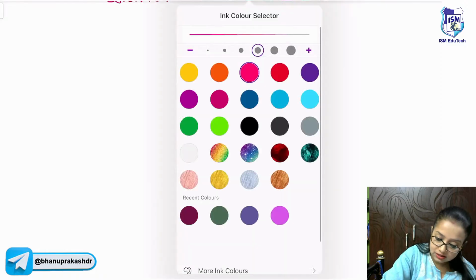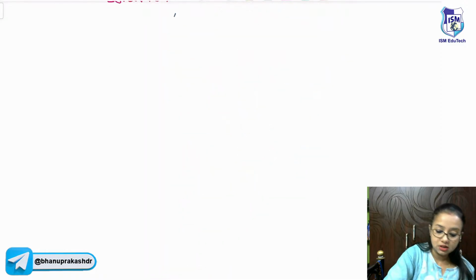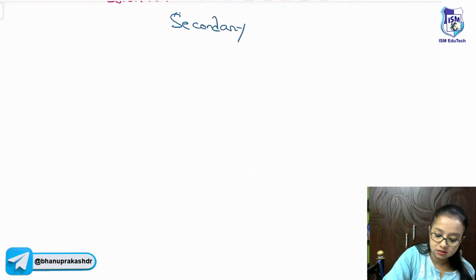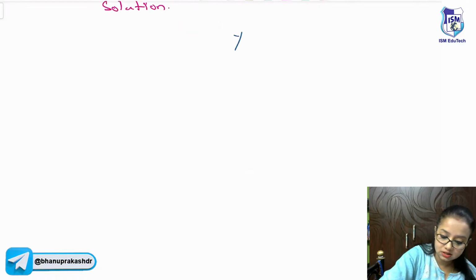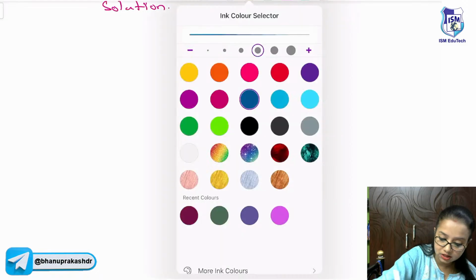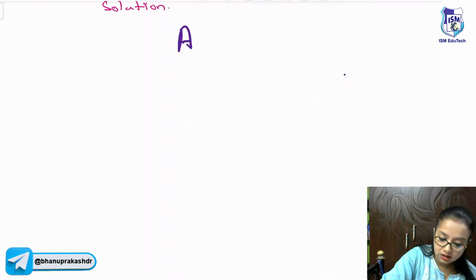Coming to the secondary transport. Now, secondary transport or secondary, let's start with the active transport. That way we understand that better.